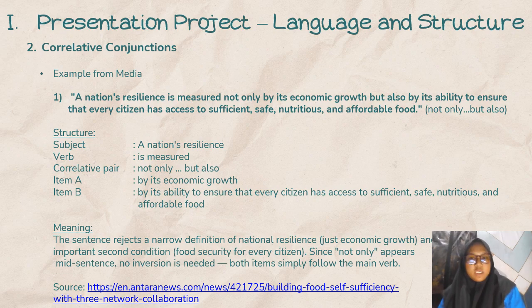The correlative pair is not only but also, item A is by its economic growth and item B is by its ability to ensure that every citizen has access to sufficient, safe, nutritious, and affordable food. The meaning is the sentence rejects a narrow definition of national resilience, its economic growth, and adds an important second condition, food security for every citizen. Since not only appears mid-sentence, no inversion is needed. Both items simply follow the main verb.